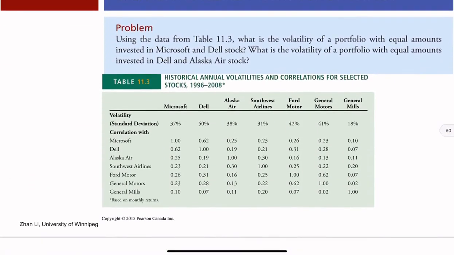Okay, now let's see how we could calculate this problem. It says, using the following data from table 11.3, what is the volatility of a portfolio with equal amounts invested in Microsoft and Dell? What is the volatility of a portfolio with equal amounts invested in Dell and Alaska Air stock?